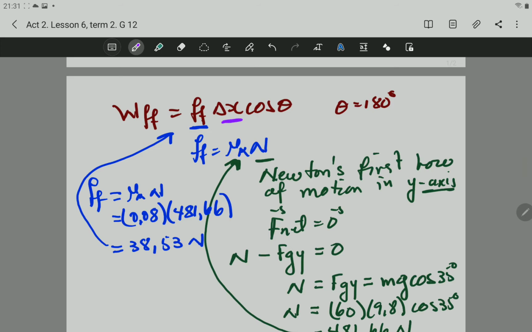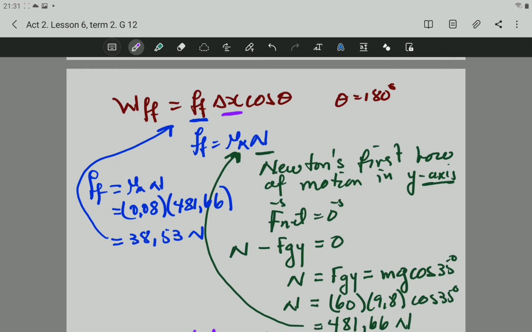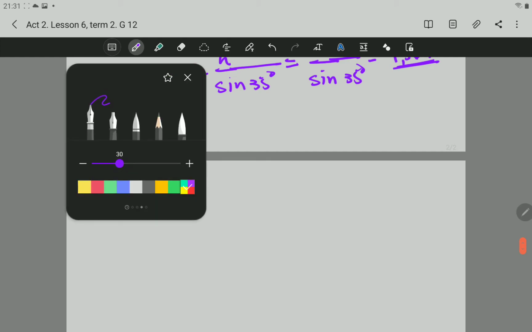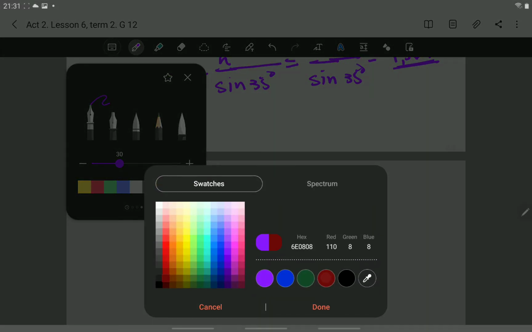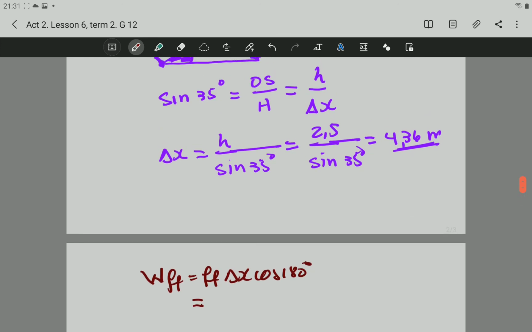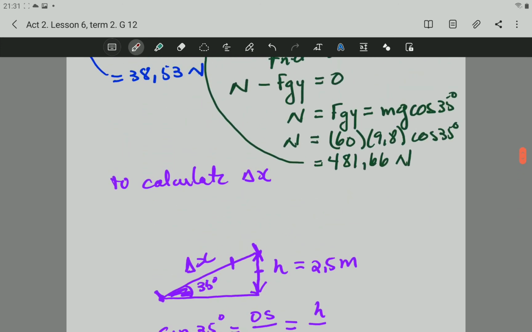Okay, so let's now rewrite the equation right here at the bottom. We have that the work done by the frictional force is equal to frictional force multiplied by displacement multiplied by the cosine of 180 degrees.